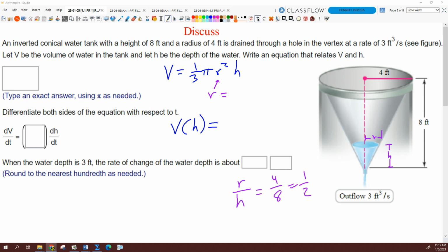Get the idea? Okay, good. And that'll give us volume as a function of h, and then it's no big deal. Then the calculus, we've got a single independent variable, the output variable V, I just implicitly differentiate with respect to t and plug and chug.